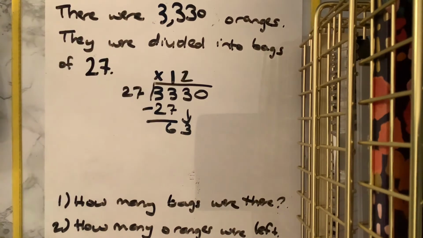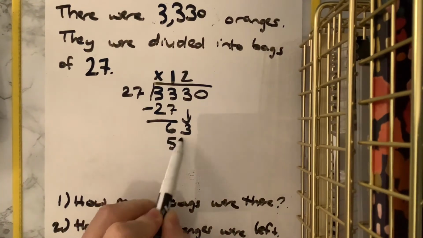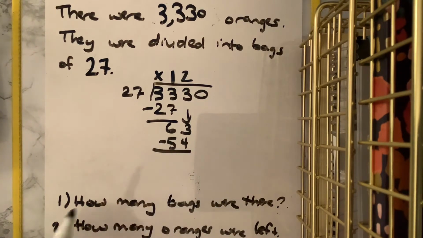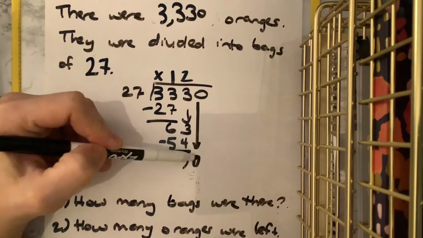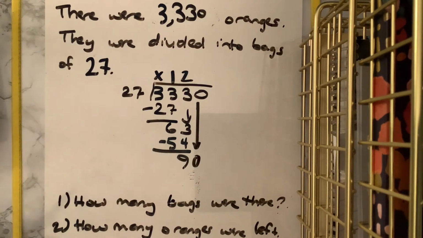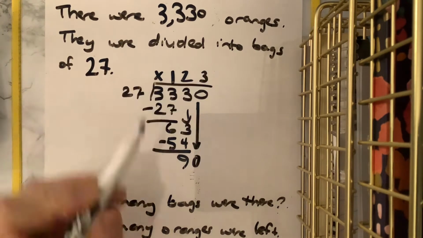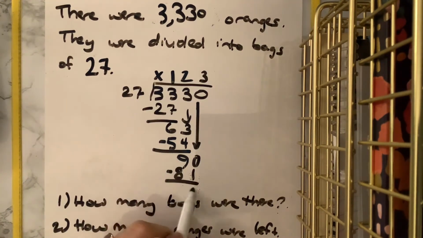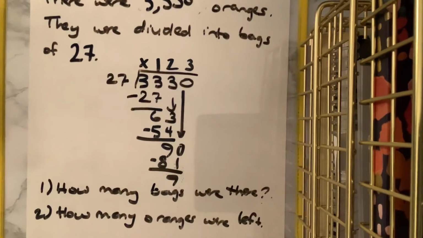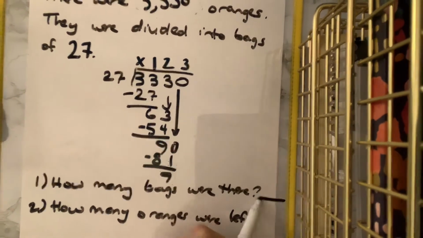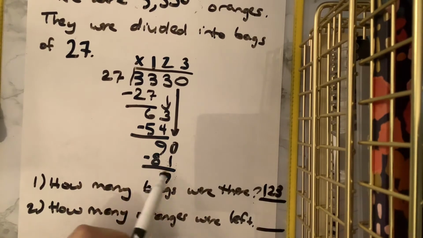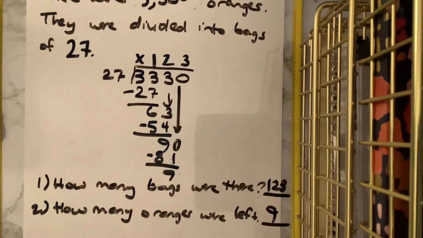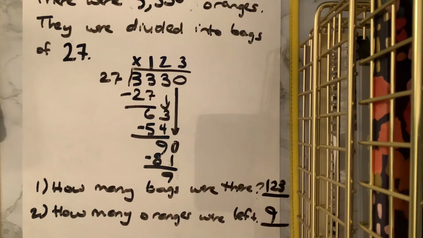Twice. 2 times 27 is 54 with a remainder of 9. And then we bring down the 0. How many times does 27 go into 90? 3 times, again with a remainder of 9. So how many bags were there? 123. How many were left? 9. Okay, so here are our answers for these.